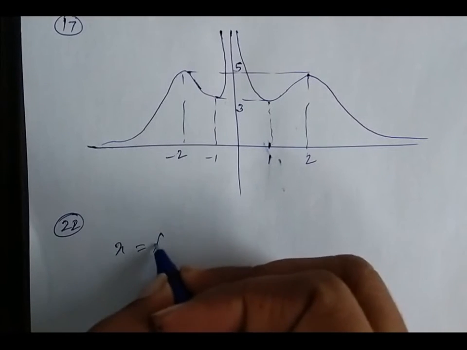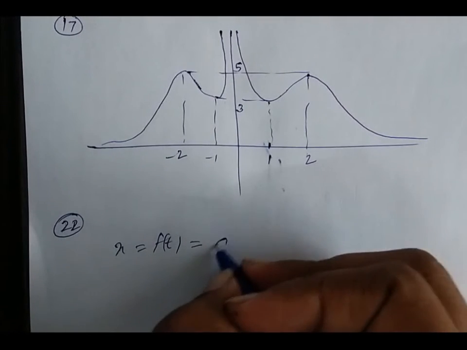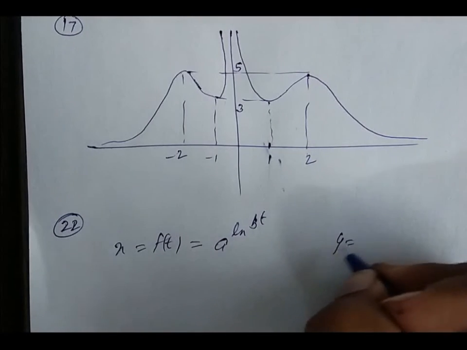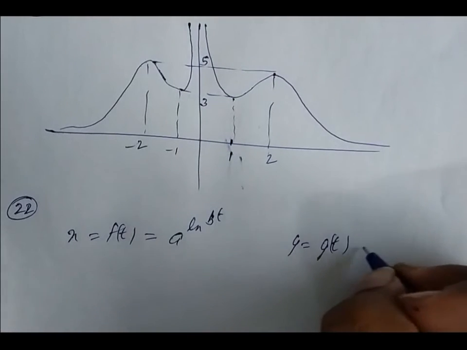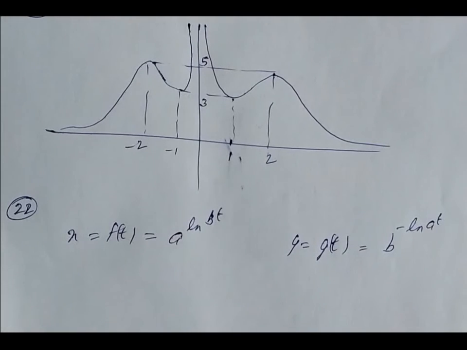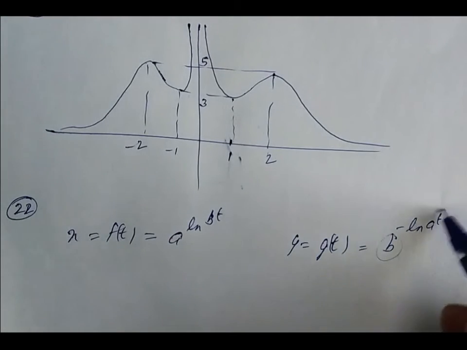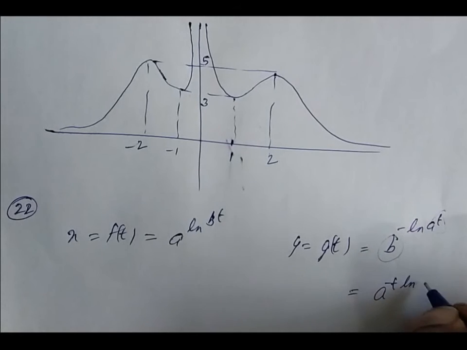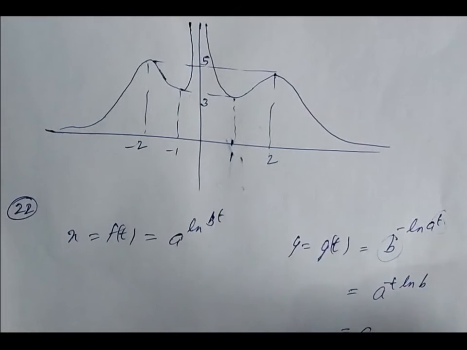So x is equal to ft is equal to a to the power ln b per t, and y is equal to gt is equal to b to the power minus ln a per t. So we have a property, we can exchange these two. So this becomes a per t minus ln b, which is equal to a minus ln b to the power t.